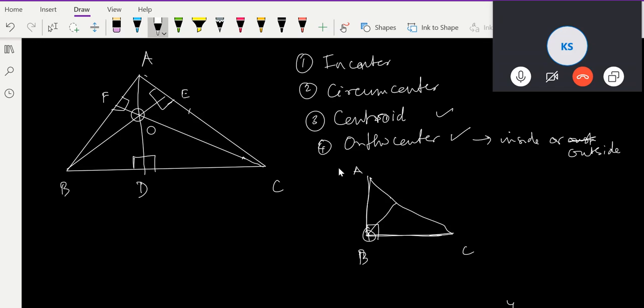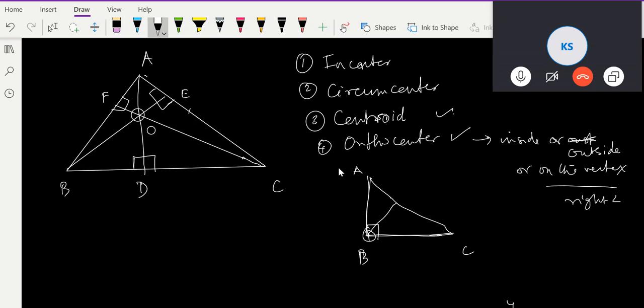So this point becomes my orthocenter. Right? So orthocenter can lie inside, outside, or on the vertex. This is a special case in the right angle triangle.